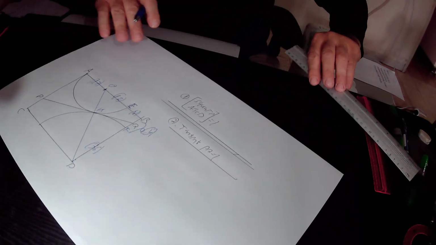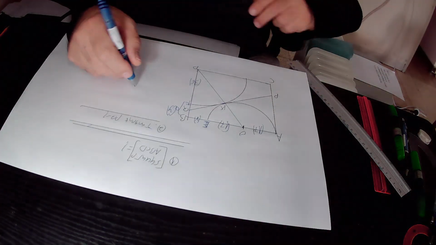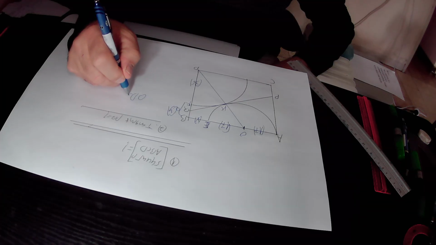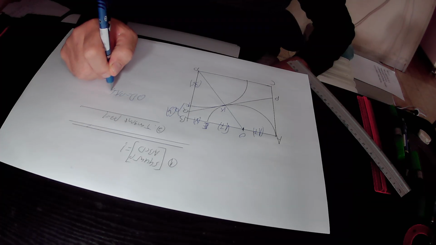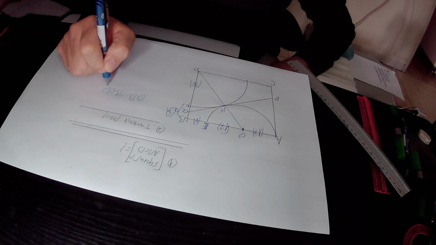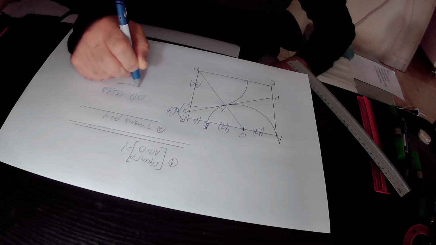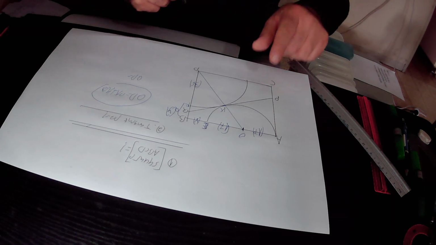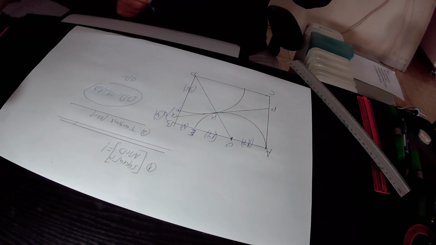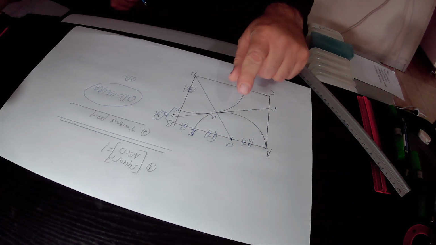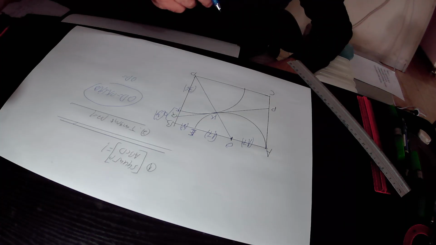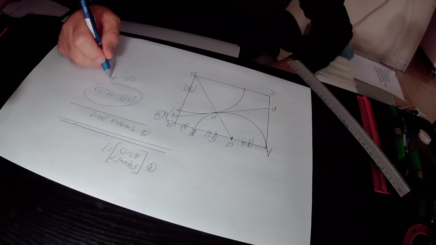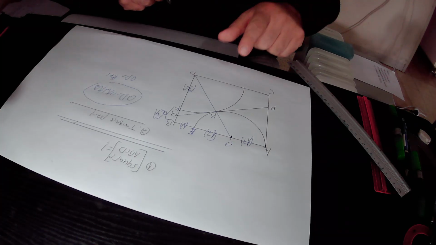Until now, OD equals OK plus KD. OK is the radius of this semicircle, which equals 17 units in length, plus KD.